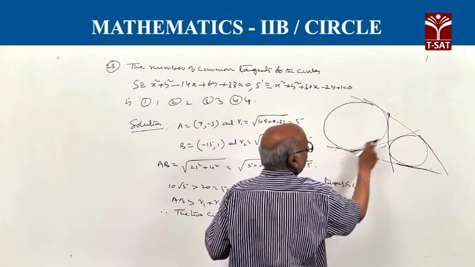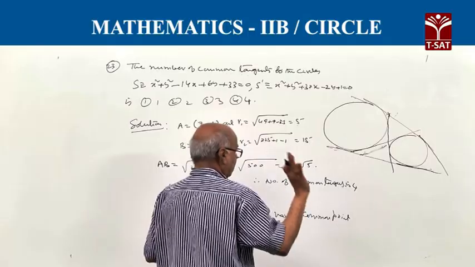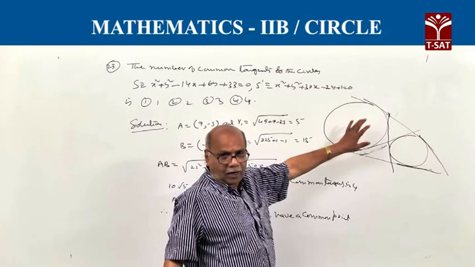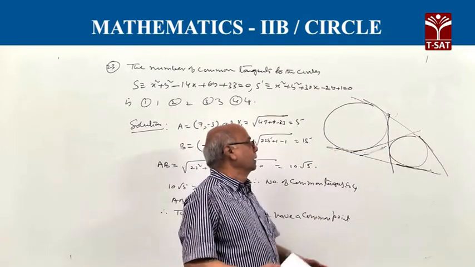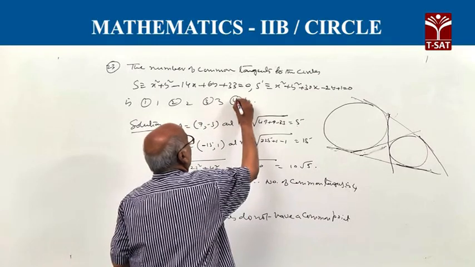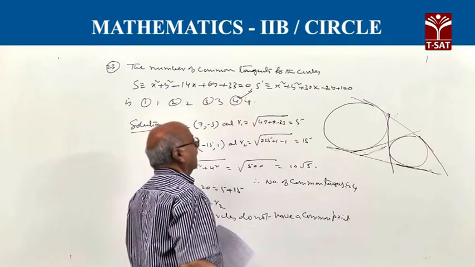So, 4 common tangents when the two circles do not intersect each other. So, therefore, the number of common tangents is 4. So, the correct option is option number 4.